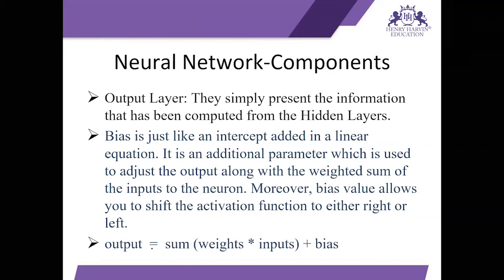So how do we calculate output? Output is equal to the sum of weights times inputs plus bias. Say I have four inputs x1, x2, x3, x4 and four weights w1, w2, w3, w4. Now my output will be w1x1 plus w2x2 plus w3x3 plus w4x4 plus bias.